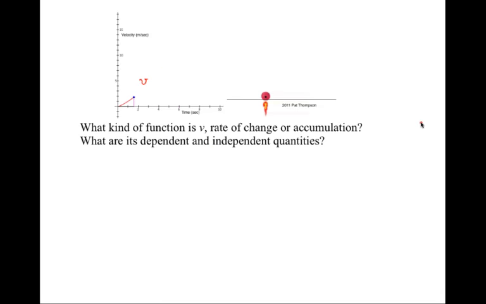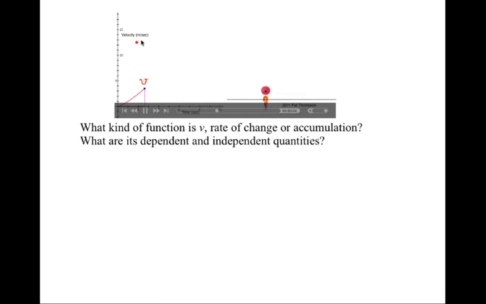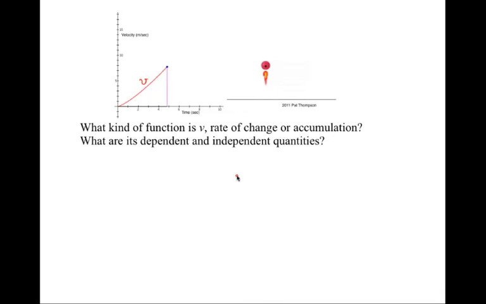Up here it says it's velocity, meters per second, time in seconds. Is that a rate of change or accumulation? And what are its dependent and independent quantities? Take 20 seconds to think for a moment, and then talk to the person next to you. Go.